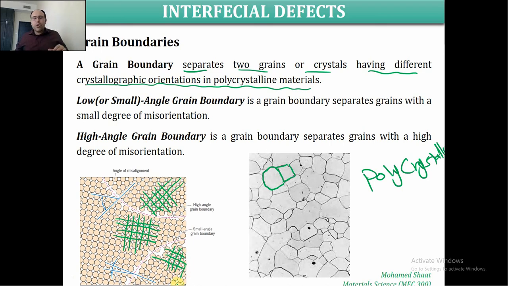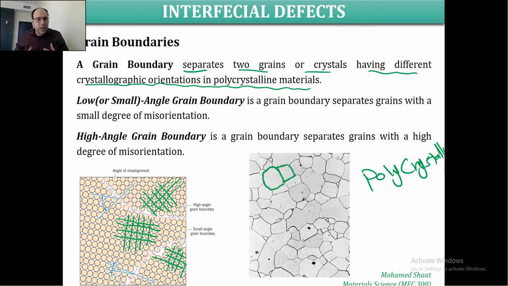So this is known as misorientation. What does misorientation mean? It is a difference in the orientation from one grain to the other grain, from one group of atoms to another group of atoms. So this will form a virtual boundary between them. Virtual, what does it mean?